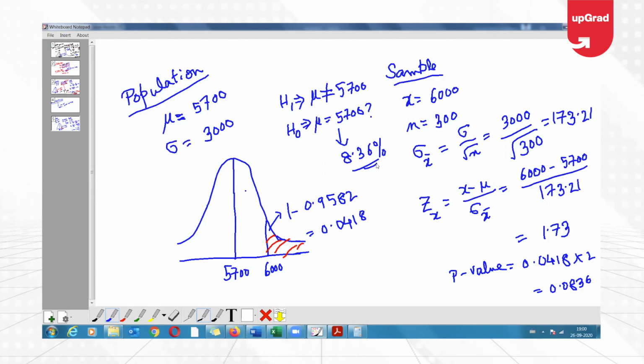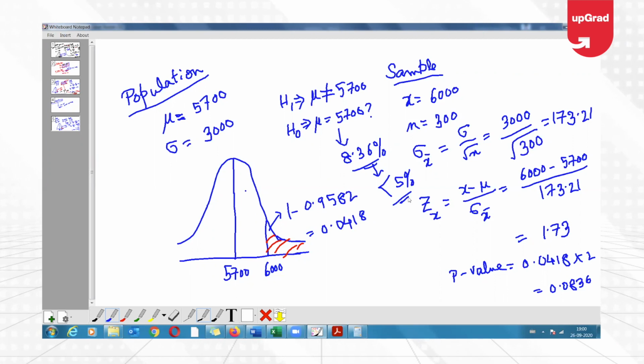So that's why I cannot reject the null hypothesis, because this has to be less than 5% for me to reject it.